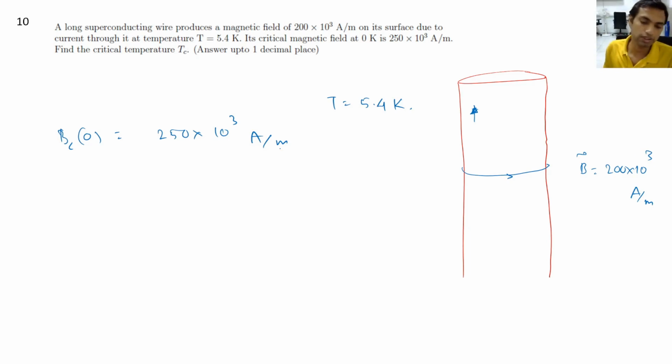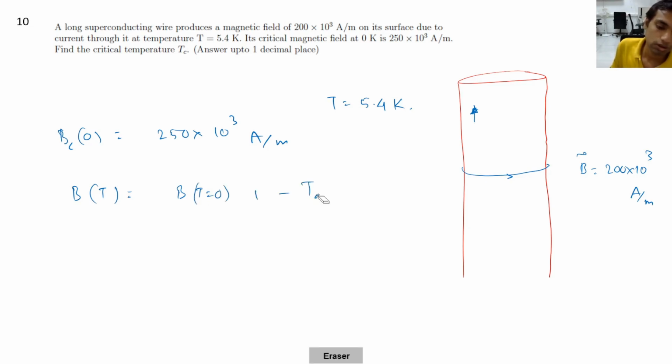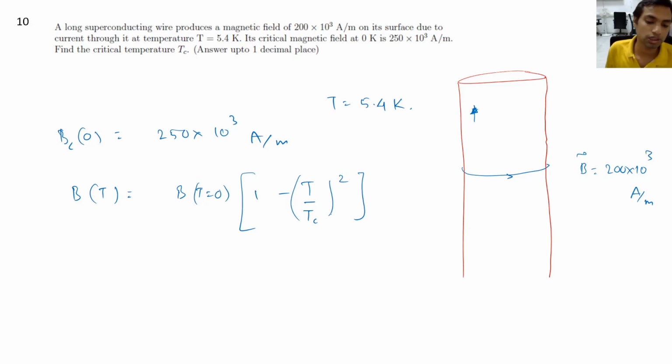So we have to find the critical temperature Tc. Okay, so we have to use the formula: H at temperature T is given by H at T equal to 0, times 1 minus T over Tc whole square. We have to find this critical temperature for this particular magnetic field.